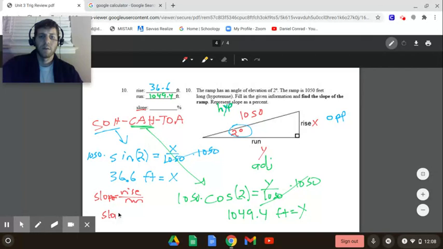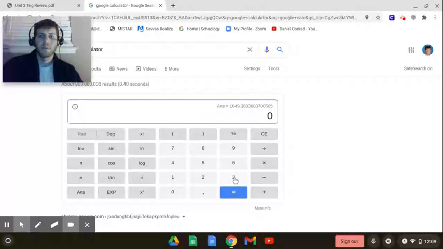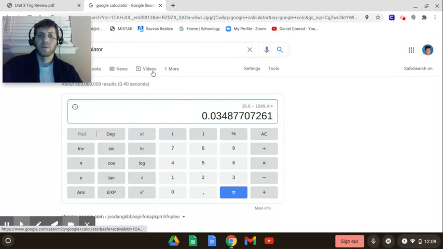So our slope is our rise, 36.6, divided by our run, 1,049.4. That gives us 0.0349. Well, let's just say 0.035.